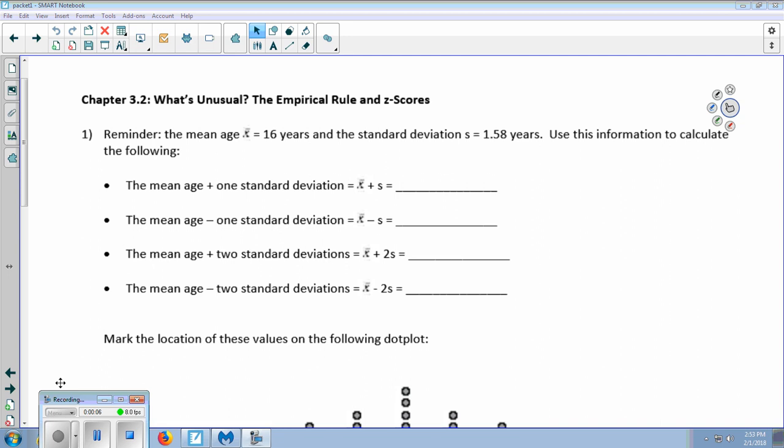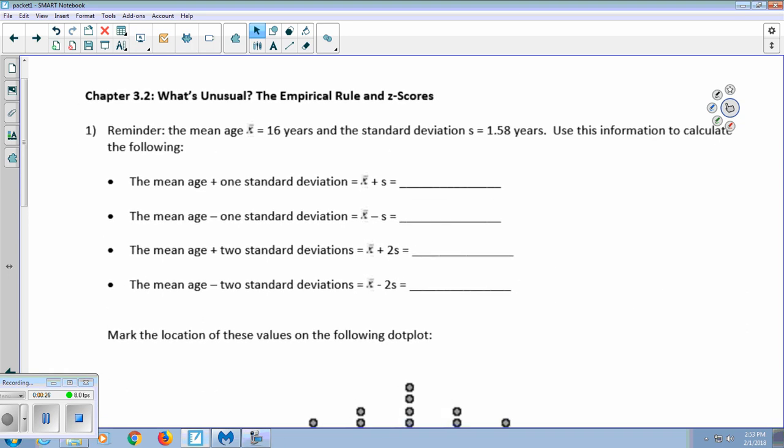So we are starting section 3.2 today. What's unusual, and talking about the empirical rule and z-scores. We've been talking about distributions, and we've talked about how to discuss the shape.